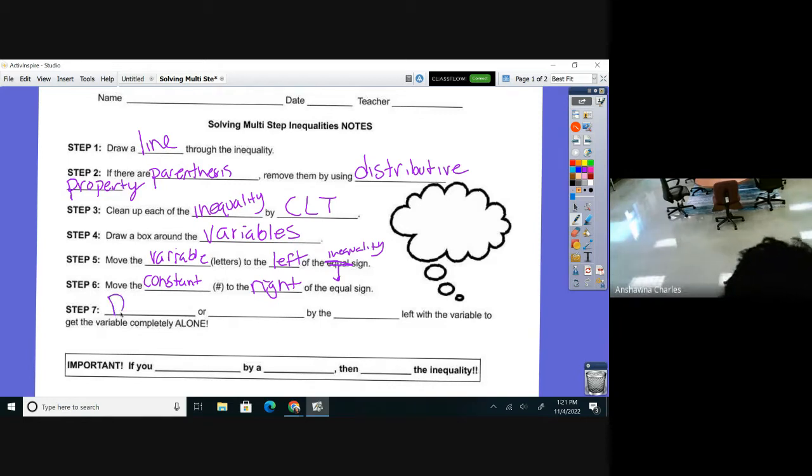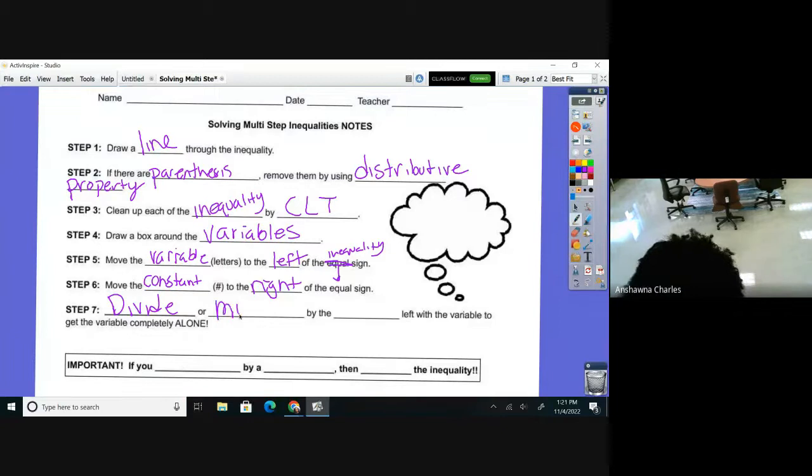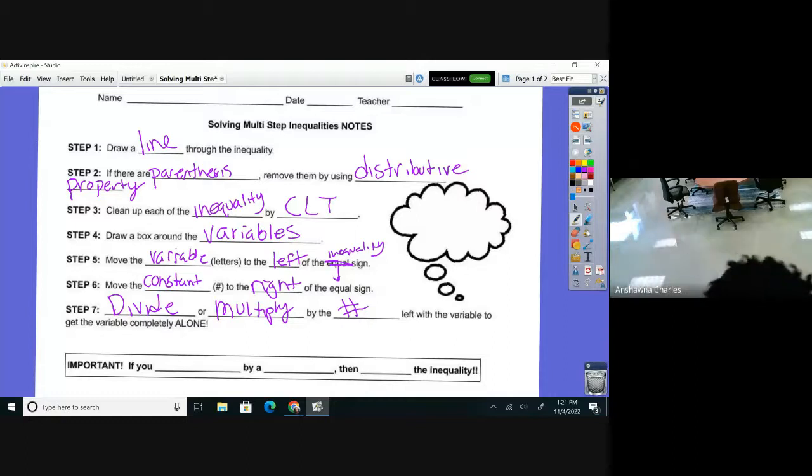And your last step is you're going to divide or multiply by the number left of the variable to get the variable completely alone. Oh, and right here, remember, if you cross the line, change the sign.